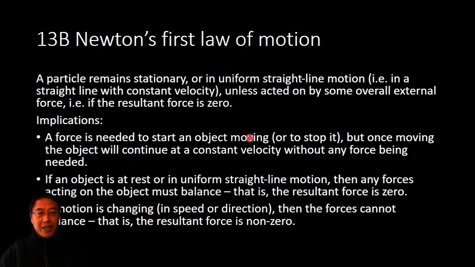You assume it's stationary, or if it's moving at a constant velocity, you will need to apply a force to stop it. But once it's moving, it will move at a constant velocity without any force being needed.